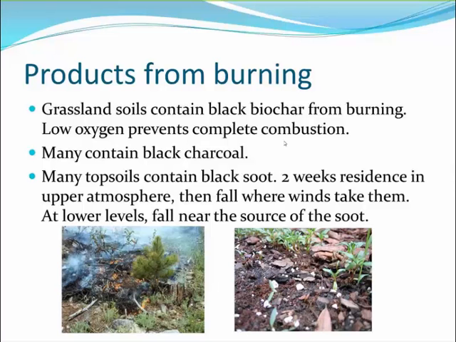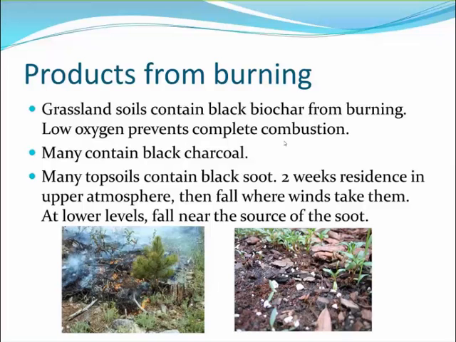Well, many soils also contain soot, and soot is black. And this is what escapes the smokestacks if they don't have proper equipment on them. And in many countries, there is no regulation on what is released from smokestacks, or it's not enforced.